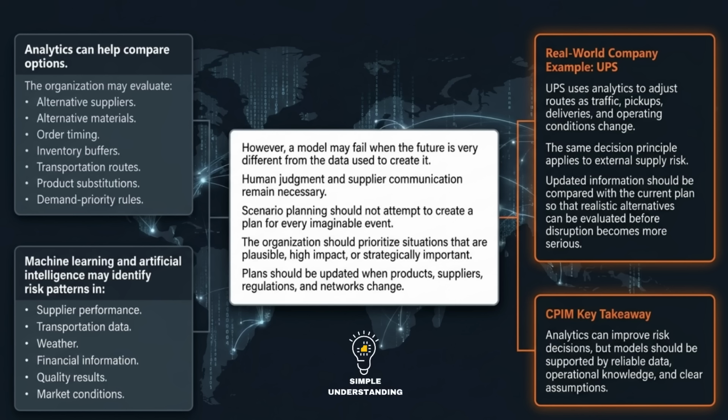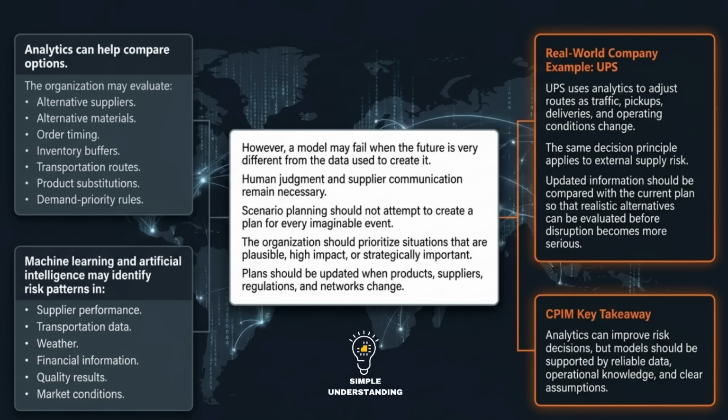Machine learning and intelligence may identify risk patterns in supplier performance, transportation data, weather, financial information, quality results, and market conditions. However, a model may fail when the future is very different from the data used to create it. Human judgment and supplier communication remain necessary.